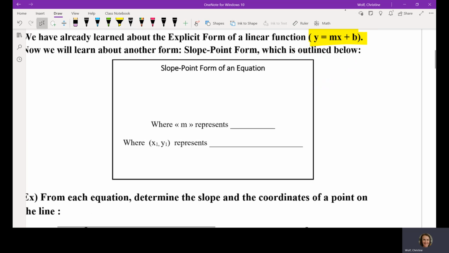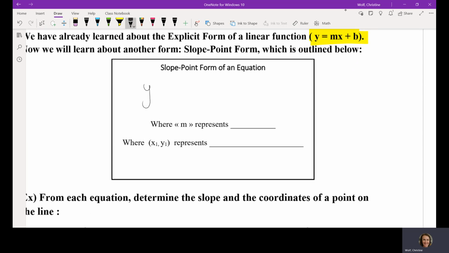So the slope-point form of an equation, this is what it looks like. This is the general form without numbers plugged in. So y minus y1, the little 1 there, equals m, and then x minus x1 in brackets.